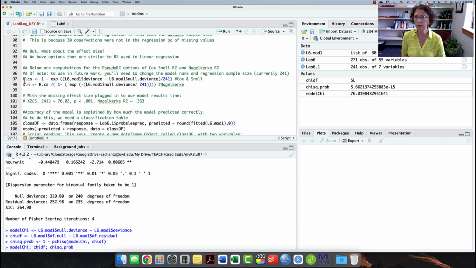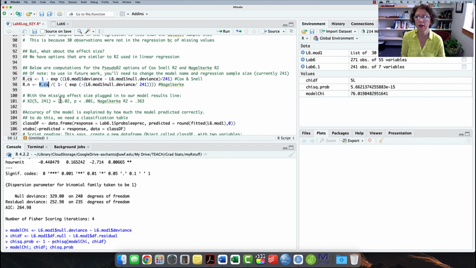This is what we would use for calculating Cox and Snell pseudo R-squared. We're making a new thing in the environment called RCS, and it's assigned 1 minus the exponent of this value: the mod 1 deviance minus the null deviance divided by the sample size in the model.